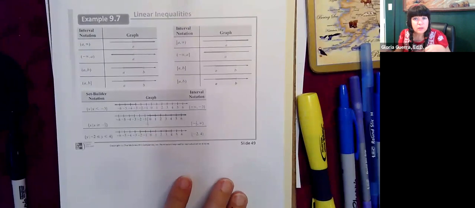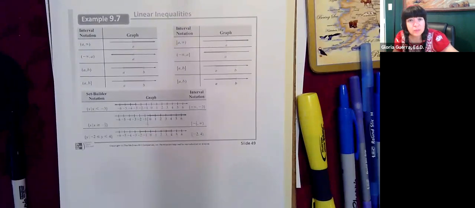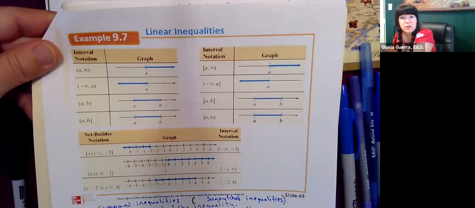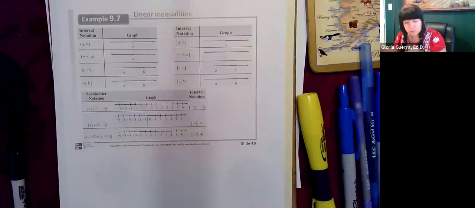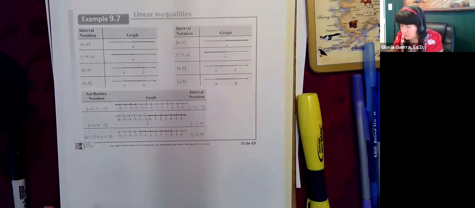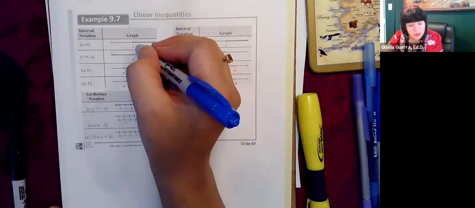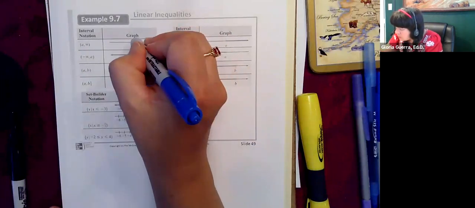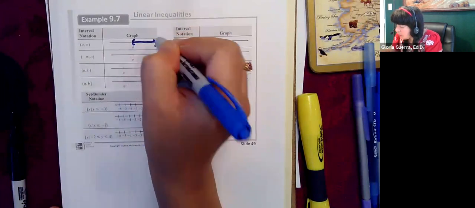And then here, this is in black and white. My copy is a lot nicer. See how mine's in color there? So let me see if I can highlight this. You can barely see this graph, but this is parentheses, and this is shaded in this direction.